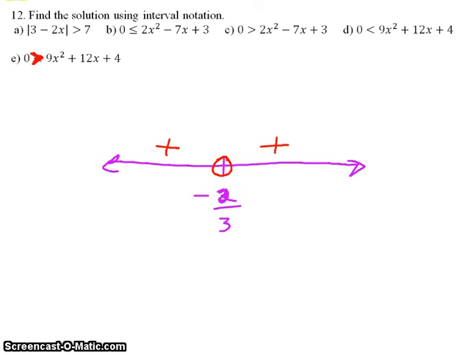Well, is there any x value that's going to result in a value that is negative? Is there ever going to be a time when this is true? No. So if E had 0 is greater than 9x squared plus 12x plus 4, then this would be no solution. No solution.